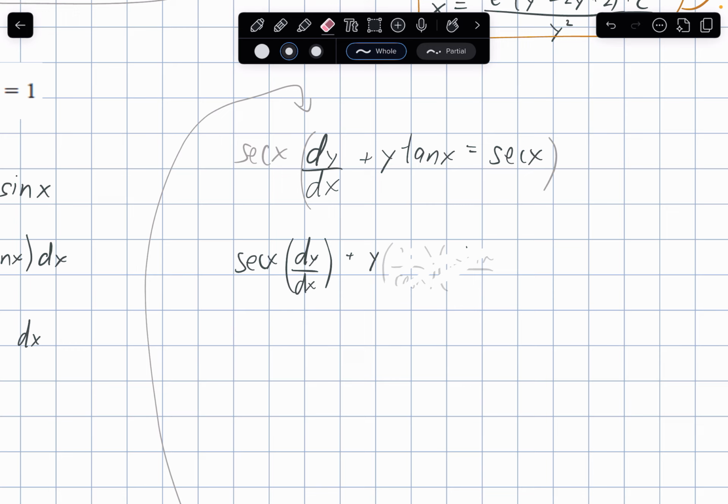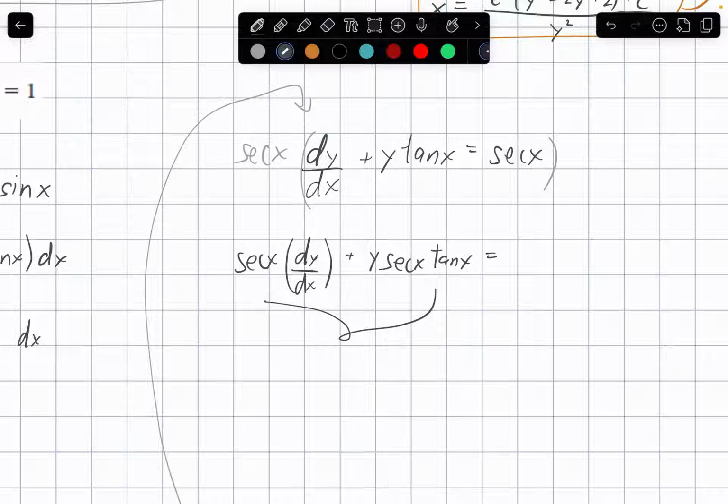Okay, so we cannot cancel anything. I thought we would be able to cancel something, but no luck. We cannot, because later on we need to write this one out.